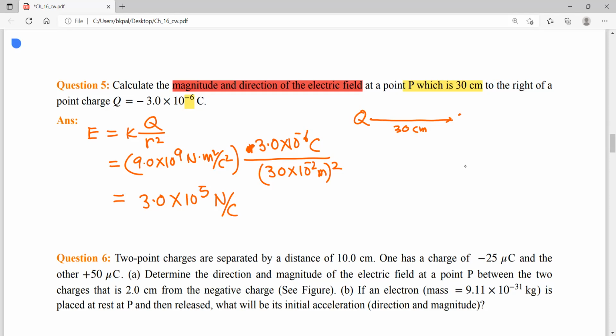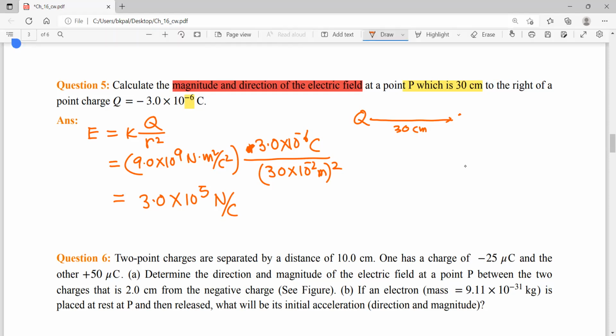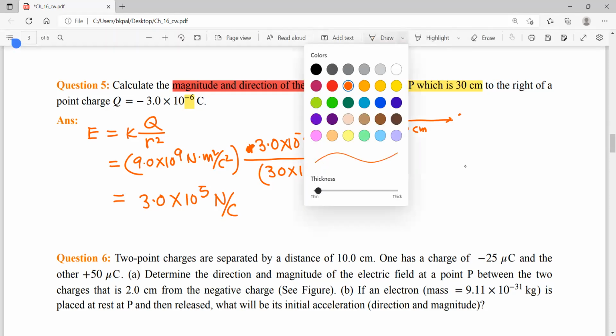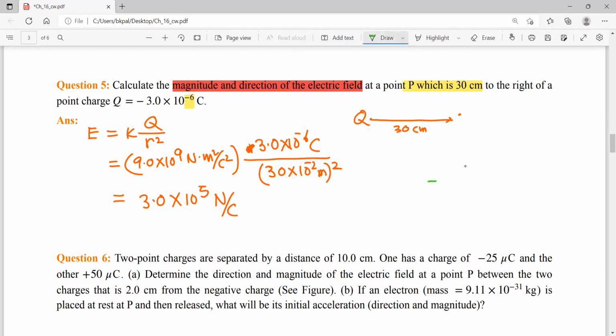But then for the direction, so now let's try for the direction. We have a negative charge here, and you know that for the negative charge, the direction of the electric field is towards it, right? Remember in lecture we did this kind of thing.